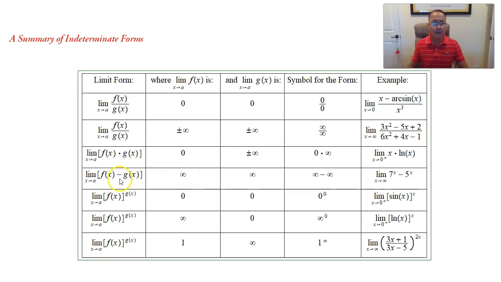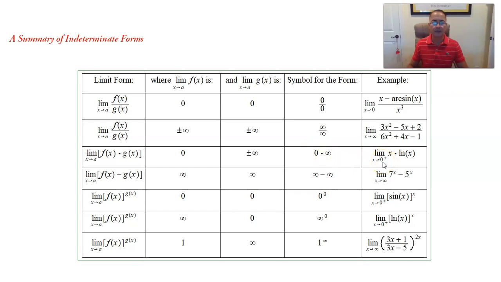So we're taking a difference. We have what is called an infinity minus infinity indeterminate form. We're going to look at this a little later. We'll take a look at the limit as x approaches infinity of 7 to the x minus 5 to the x.